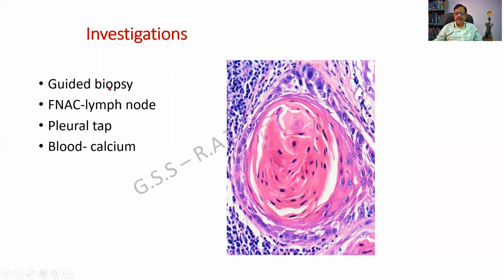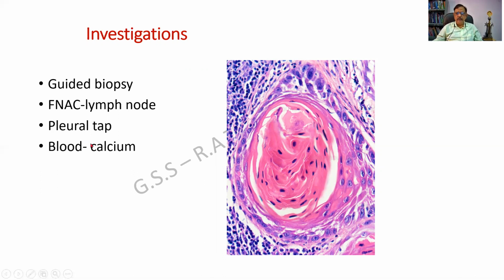Guided biopsy. By means of a needle, a guided biopsy can be taken. And this is a picture of a squamous cell carcinoma with a keratin pearl. FNAC can be done in any lymph node that is involved, superficial. Pleural tap. The pleural fluid can show malignant cells.